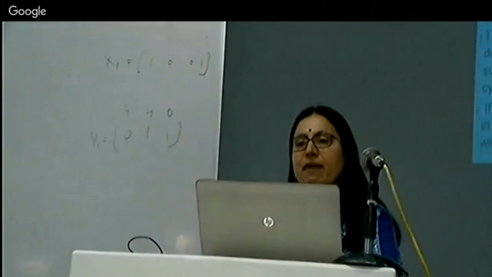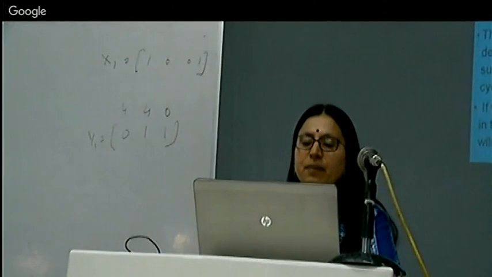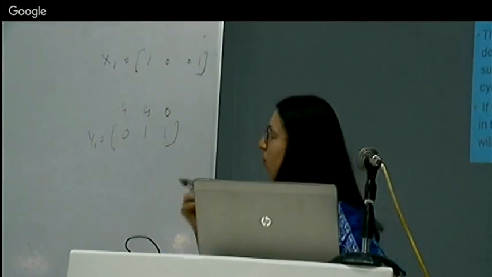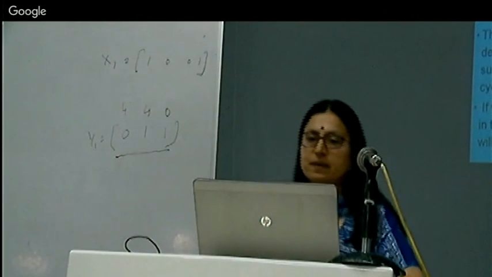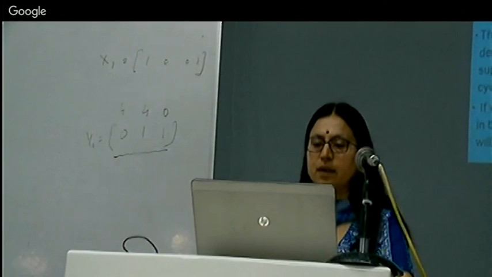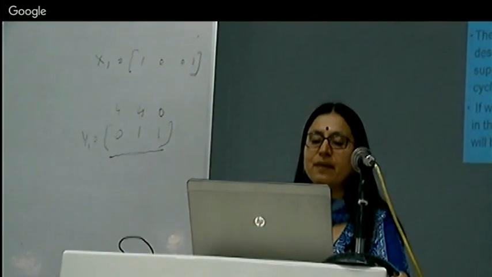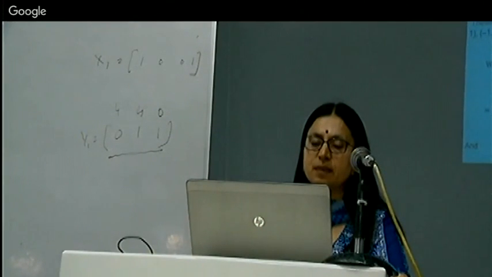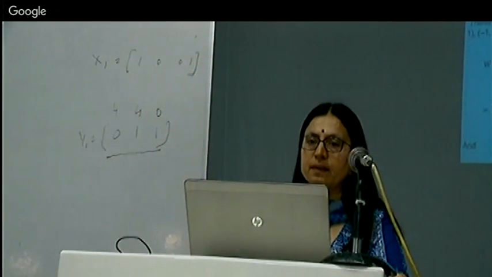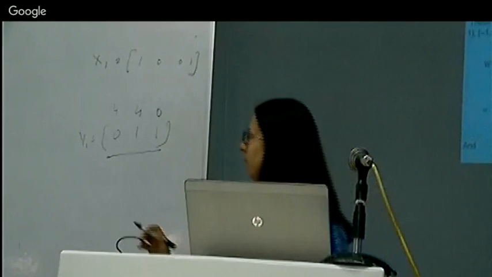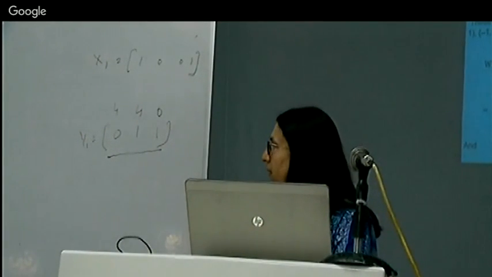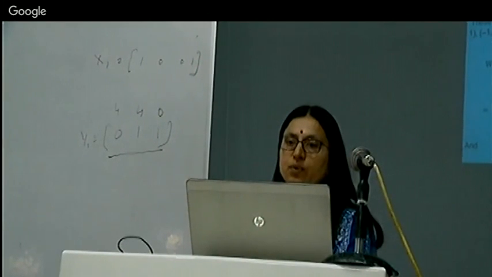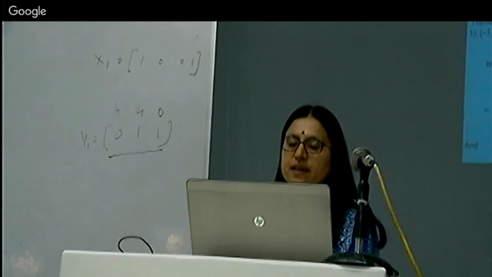So we applied x1 as the input pattern and we get y1 as the output pattern. Similarly, if we apply y1 at field B, y1 is 0, 1, 1. Then the weight matrix which will be used is WT. So when we use WT, what will be the activations? We apply y1 to the first column to get the first activation.